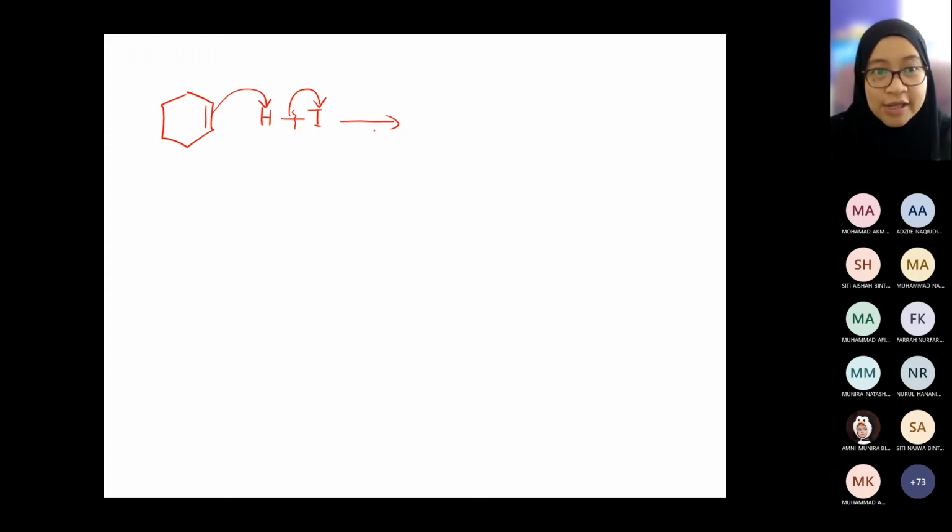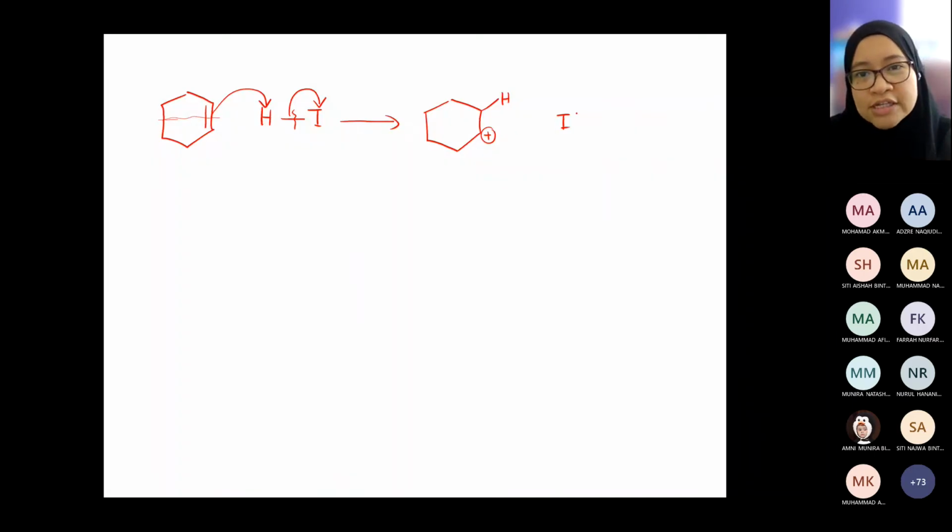And okay, so H will be added to any of these two. Actually it's symmetrical. You try. It is symmetrical too, right? Okay, so the H will be added to either of these two. So let's say I put H here, and leave this one as the carbocation. You have to show the carbocation as the intermediate. Okay, and then you have the iodine just now, the iodide.